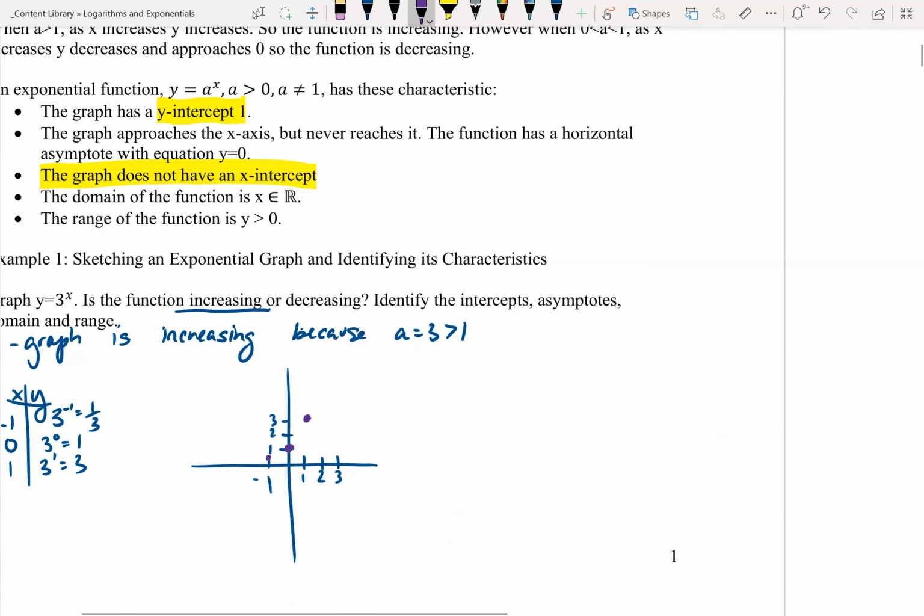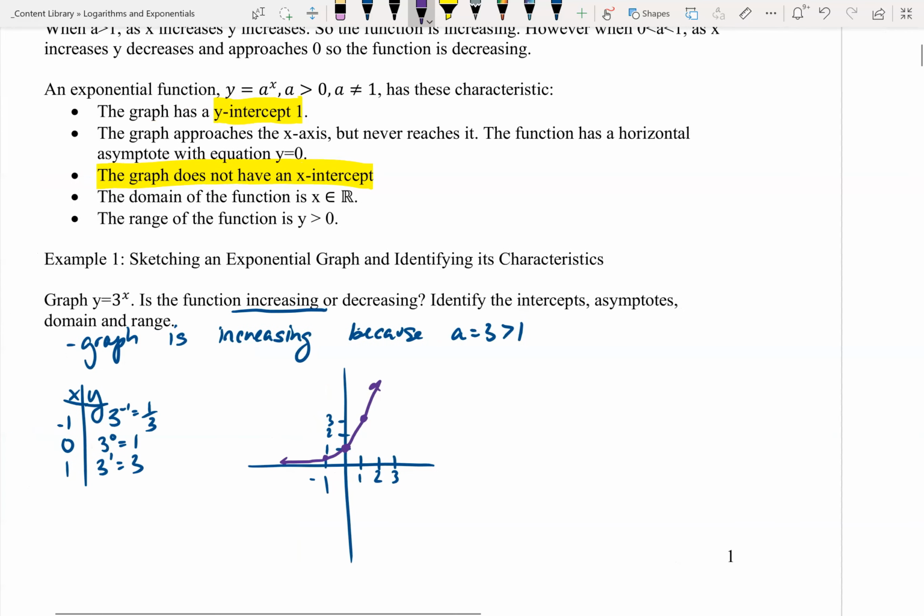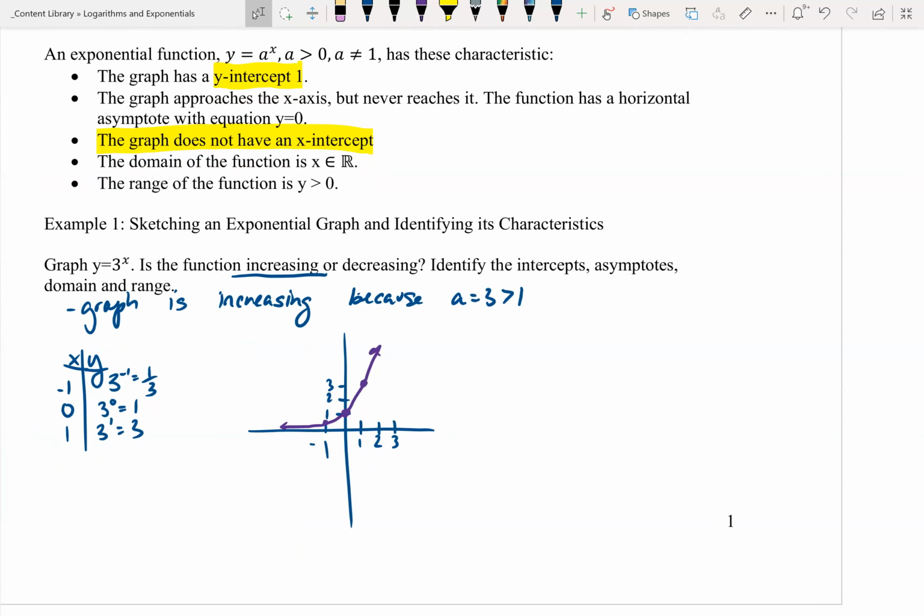So I'm going to follow a similar shape to that. And I'm going to make sure that on the left-hand side, for my end behavior, it is approaching a horizontal asymptote of y equals 0. I'm also going to draw in that asymptote there. So this is our graph of y equals 3 to the power of x.